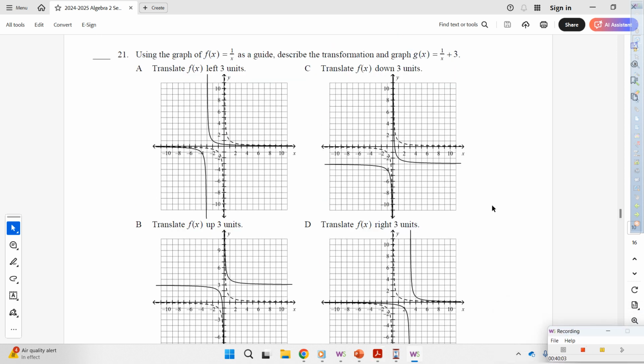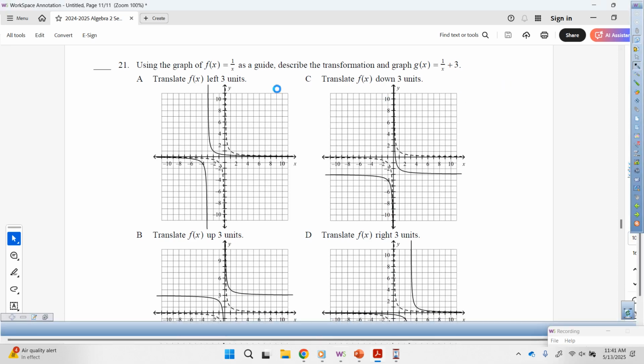Please use the graph of f of x equals 1 over x as a guide. So they want us to use that. So this is what I want you to do when you get to this one. On the side by yourself, do a little coordinate plane.